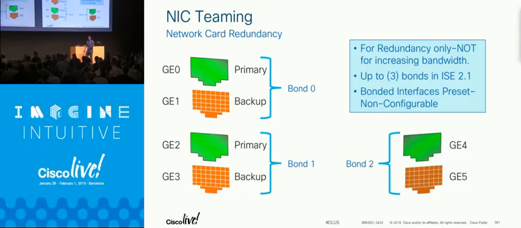So if one switch goes down, the other switch will automatically pick up the same MAC and IP, and it'll start working. So that's the whole idea of NIC teaming. This is not LACP or PAgP and all that stuff. It's not doing redundancy. It's not increasing your bandwidth, but it's really a high availability thing that we have, right?